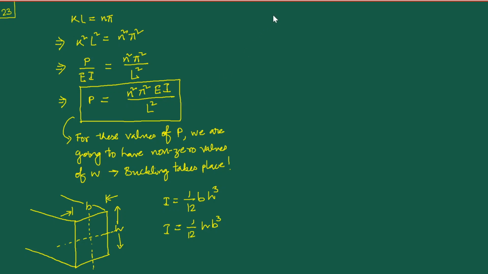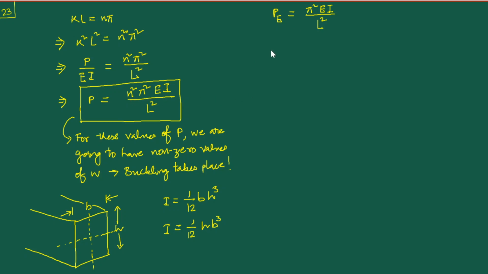What we say is that the Euler buckling load, in honor of the Swiss mathematician Leonhard Euler, PE, is given by pi square EI by L square. This particular combination is referred to as the Euler buckling load, PE, and you note that that is just the specific value obtained when n is equal to 1.